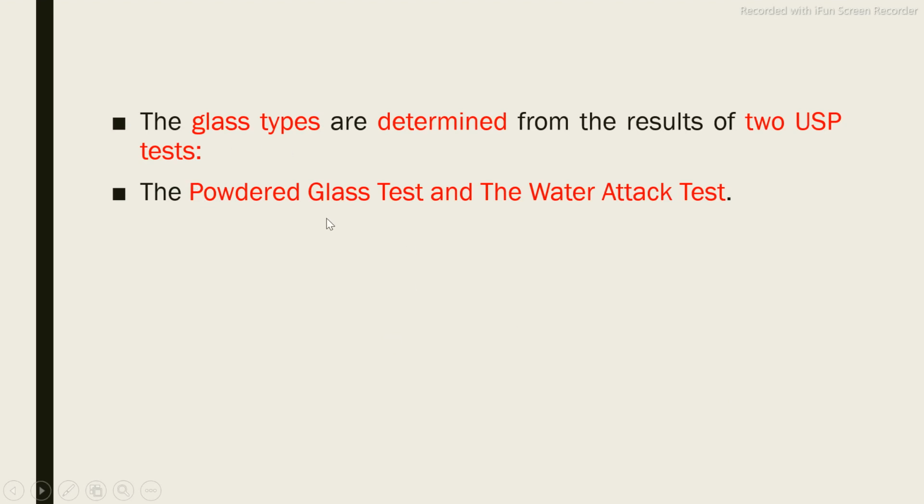So what is the powder glass test? In this, whatever glass container you have, it is crushed into a fine powder, and then this fine powder is used for the test. On the other hand, in the water attack test, containers are filled with the water and kept in an autoclave at 121 degrees Celsius, 15 lbs pressure for 20 minutes. At this mentioned temperature and pressure, we remove the container and titrate the parenteral solution against the acids.